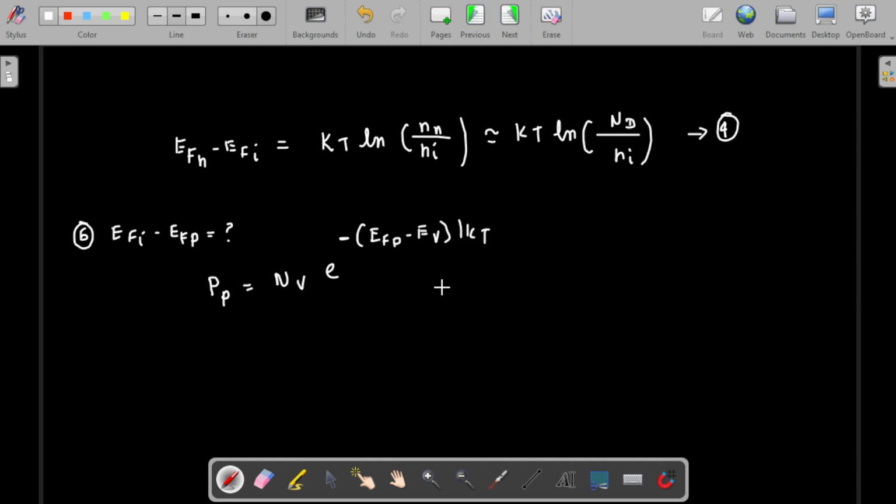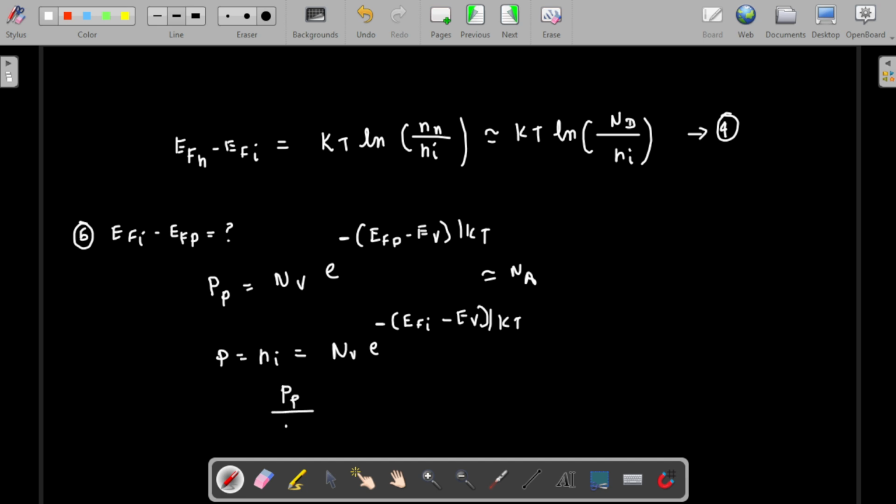Okay, so it should be approximately equal to NA, the acceptor atom. Then p, which is equal to ni, which is equal to Nv e power minus (EFI minus Ev) divided by kT.